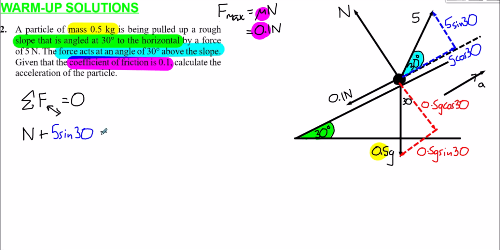And the only force acting exact opposite to these is this component of the weight, which is 0.5g cos 30. So therefore n is 0.5g cos 30 minus 5 sine 30.